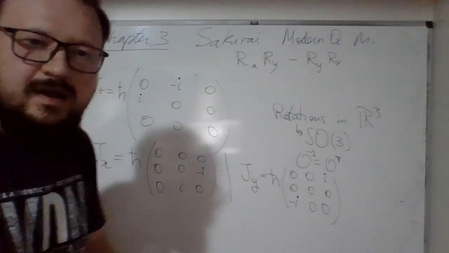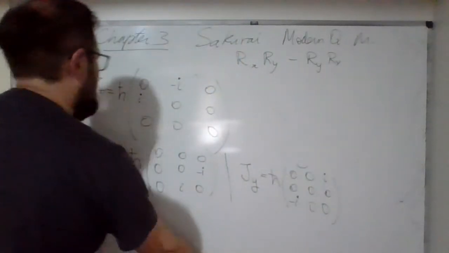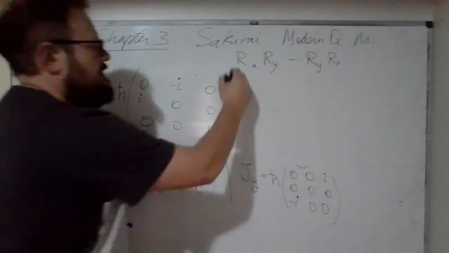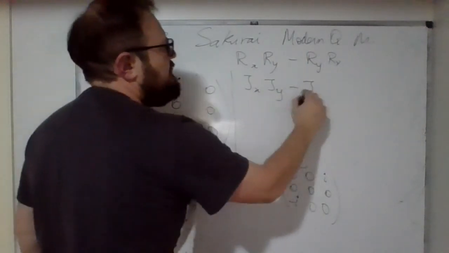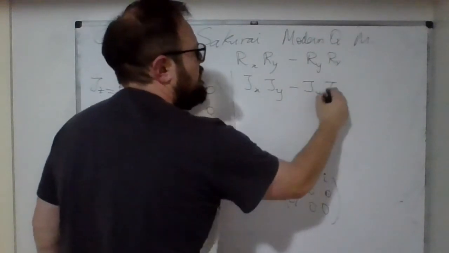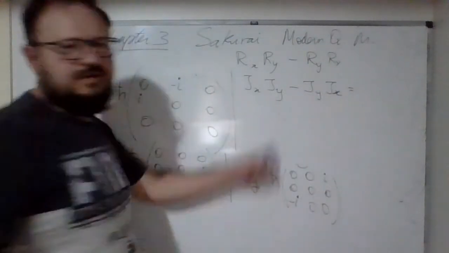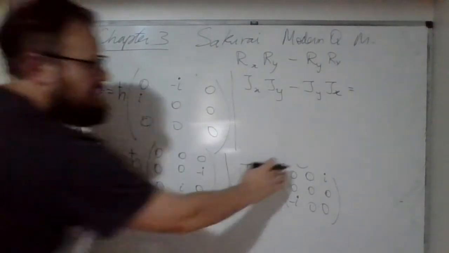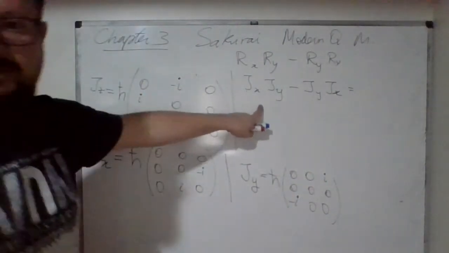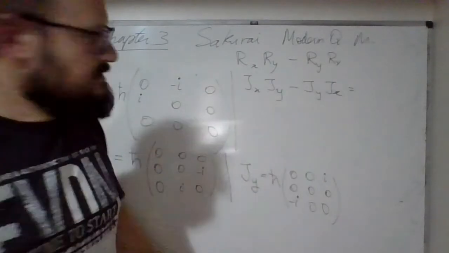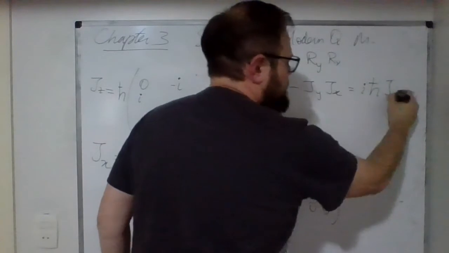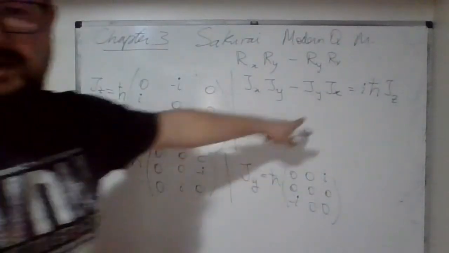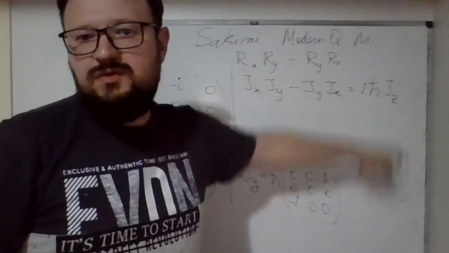But now you can calculate the Lie algebra of rotations. All right, you can calculate the Lie algebra. So you can, for instance, calculate Jx times Jy minus reverse order, and you'll find out, it's just matrix multiplications. I will not do it here. You'll find out i h bar times the matrix generator which is missing.